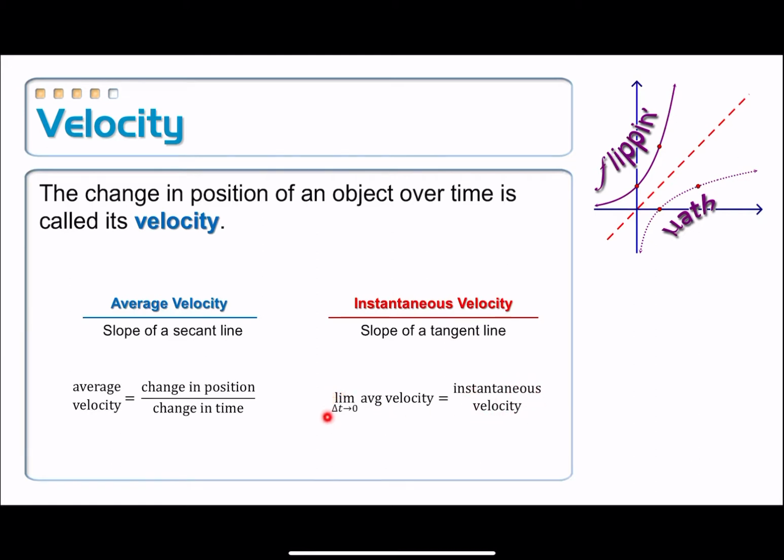We are taking the limit as this time interval goes closer and closer to 0 of the average velocity to get the instantaneous velocity. Now remember, this is what the objective is about. We're using an average rate of change in order to approximate an instantaneous rate of change. And we'll refine this process of taking the limit through this first unit that we're working on.